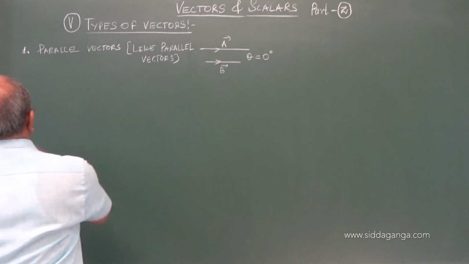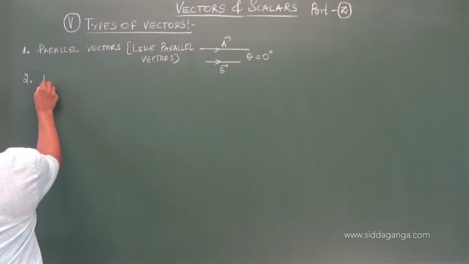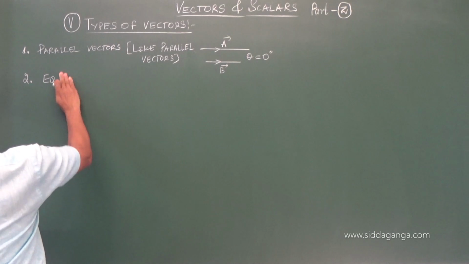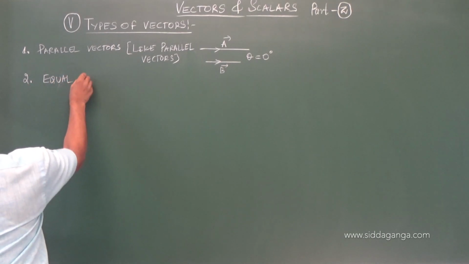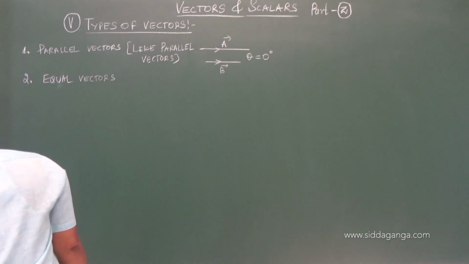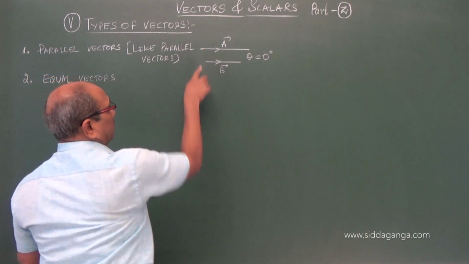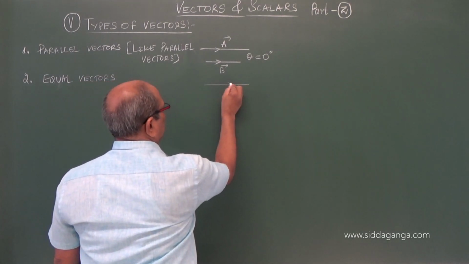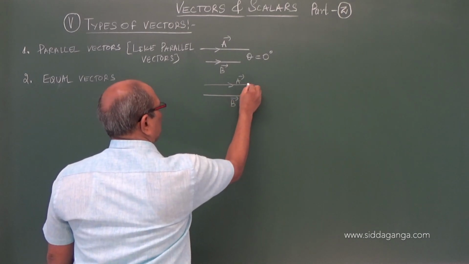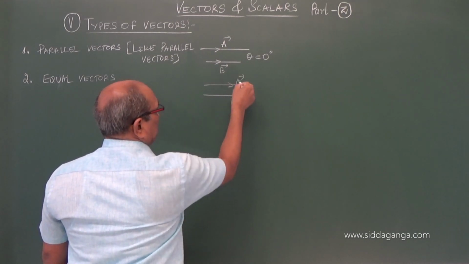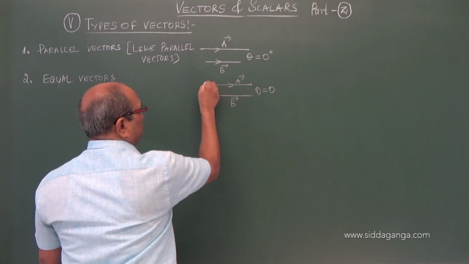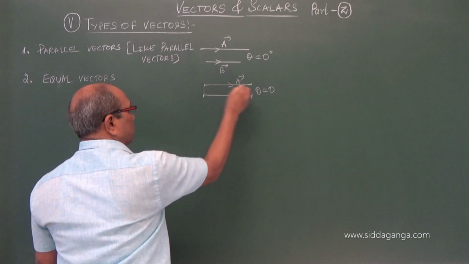And coming to the second, here is equal vectors. See, what does equal vector mean? Here, if this is A, this is B. They are parallel, no doubt, theta is 0, and the magnitude of both must be the same.